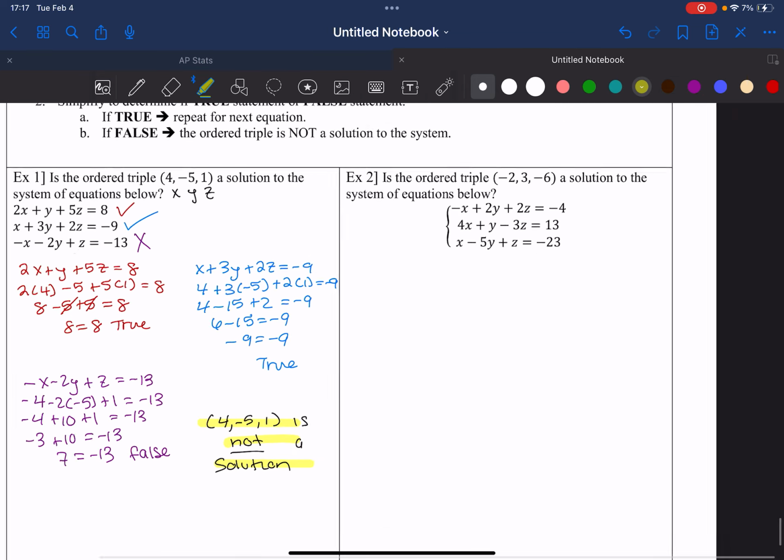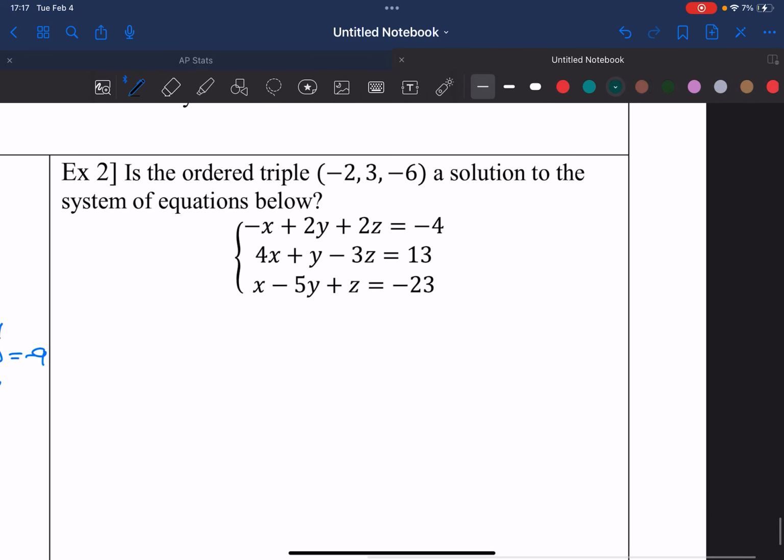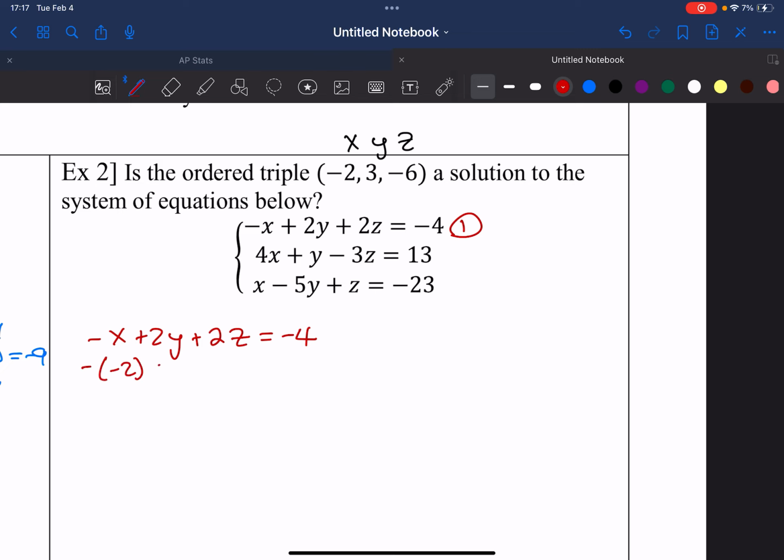Okay, we're going to do the same thing for number 2. So I'm going to plug in x, y, and z, starting with my first equation. So negative x plus 2y plus 2z is equal to negative 4. I'm going to plug in a negative 2, so 2 plus 2 times 3 plus 2 times negative 6 is equal to negative 4.